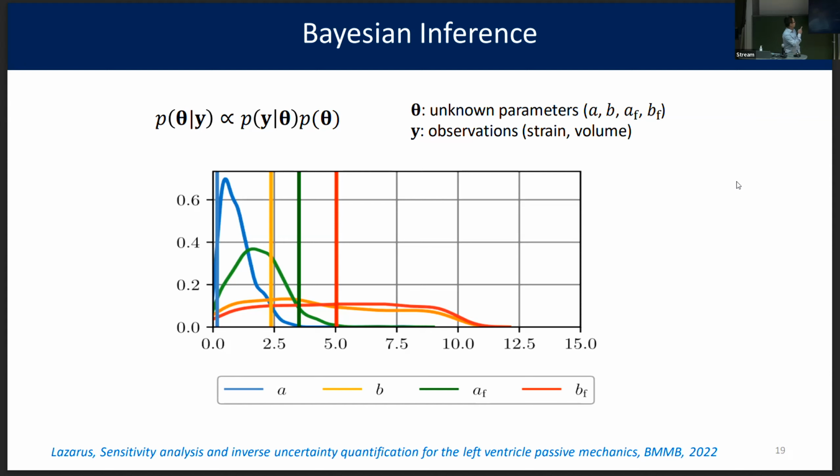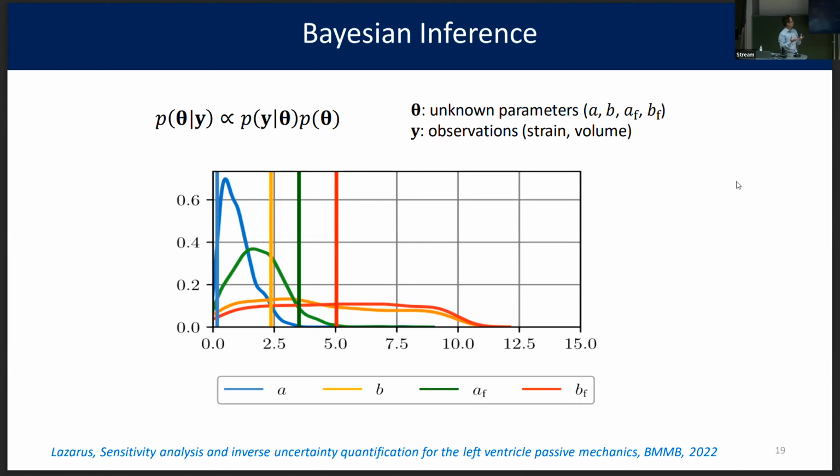You see that figure is the kernel density from the Bayesian inference. The blue curve is A, and the green curve is AF. Which means A and AF are more identifiable because you see the peak, compared to B and BF, which are quite flat.